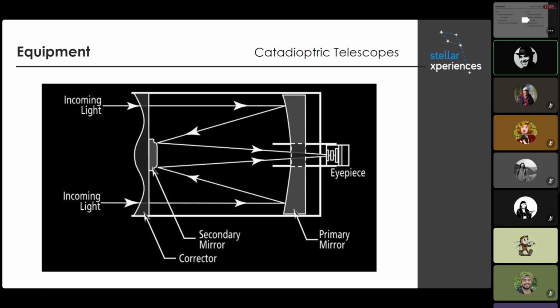So for these telescopes, they are usually very short tubes, and they can have very high focal lengths because the light moves within the telescope 3 times. This is the first one, second, and third.